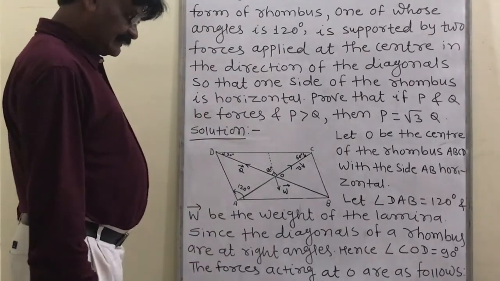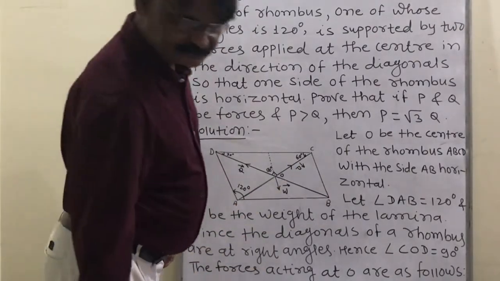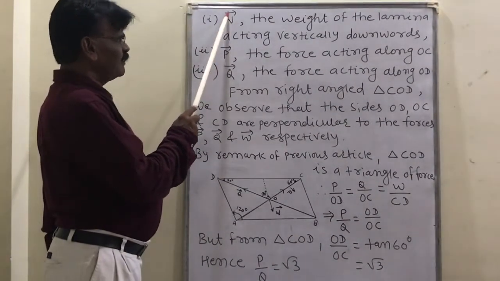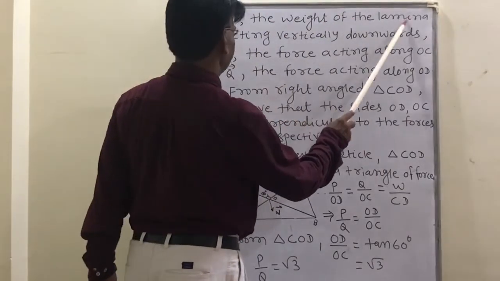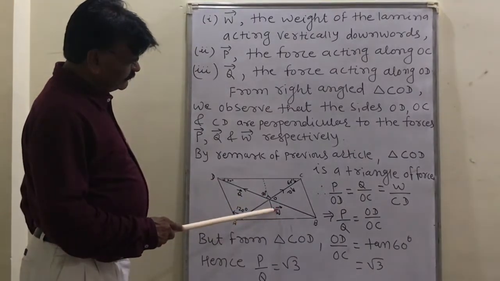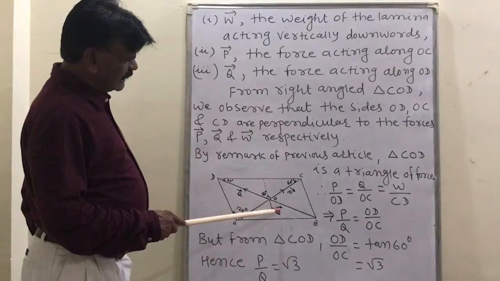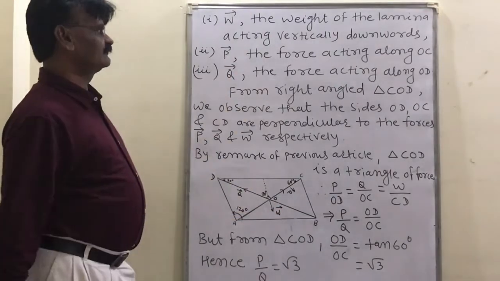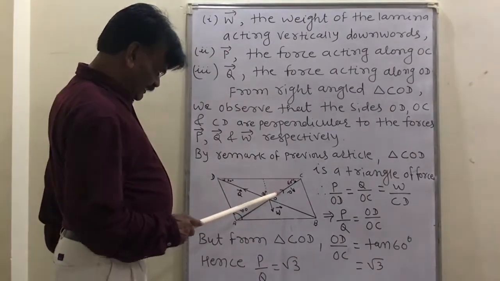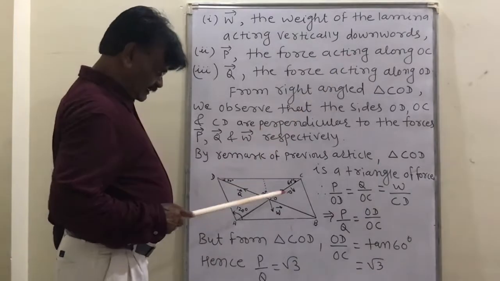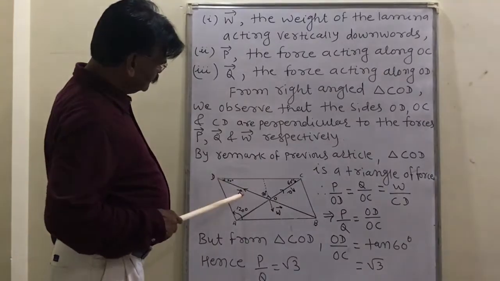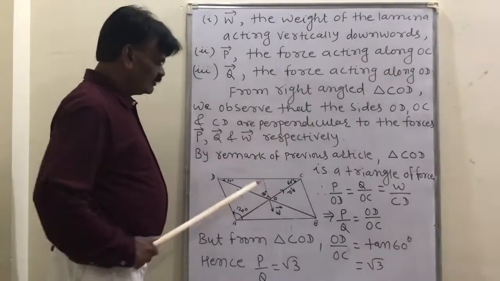The forces acting at O are as follows. W bar, the weight of the lamina, acting vertically downwards. Force P bar, the force acting along OC, and force Q bar, the force acting along OD.